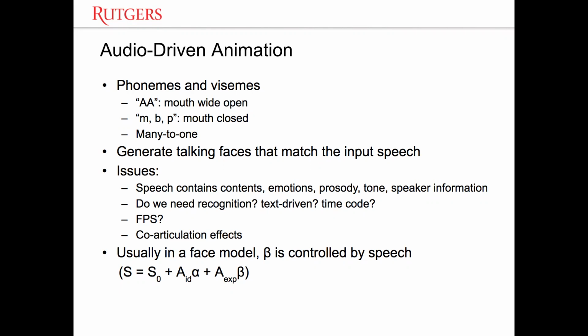We just pronounce "hat", not "h-a-t" separately. That's the effect of co-articulation, because once we get the three phonemes, we have to blend the phonemes together or blend the visemes together to create such a co-articulation effect.